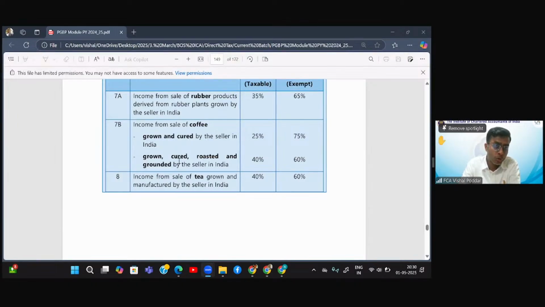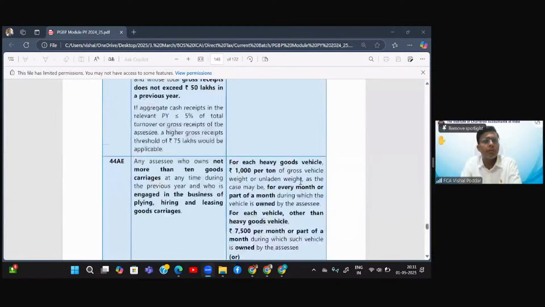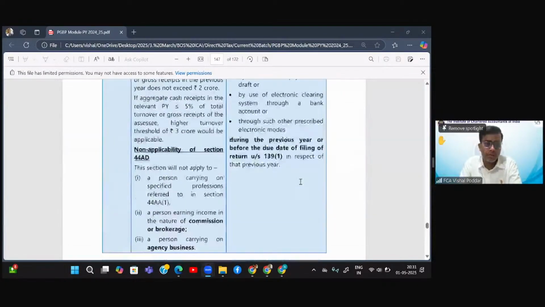So here there is more manufacturing activity. So here it is 40% manufacturing, 60% agriculture. Less manufacturing activity, so 25% manufacturing, 75% agriculture. And for tea, it is 40-60. Correct? So this is the estimated incomes given for different businesses.